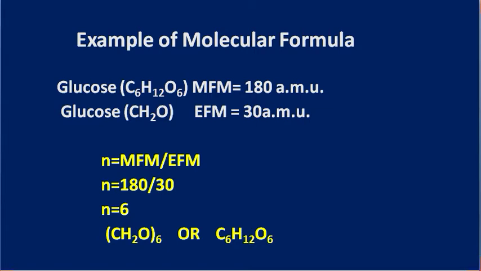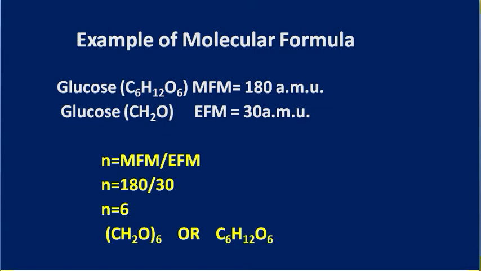And then 12 hydrogen, 1 hydrogen multiplied by 12, and 1 oxygen is 16, and if we multiply 16 with 6, so 96. So when we add these three numbers, we will get 180.